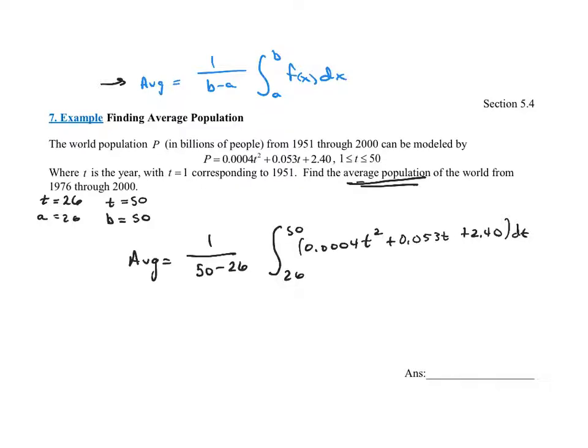Okay, so what is 50 minus 26? So this is going to be 1 over 24. And let's start some integration here. What's the integral of 0.0004 t squared?